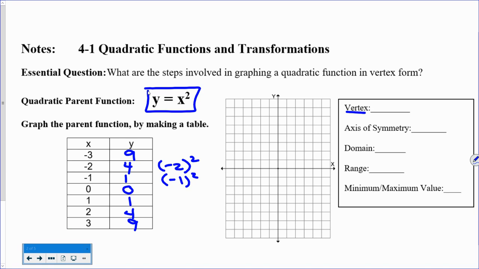So I've got -3, 9. This only goes up to 8 points, so I'm just going to go up one more extra. So -3, 9; -2, 4; -1, 1; 0, 0; 1, 1; 2, 4; and 3, 9.